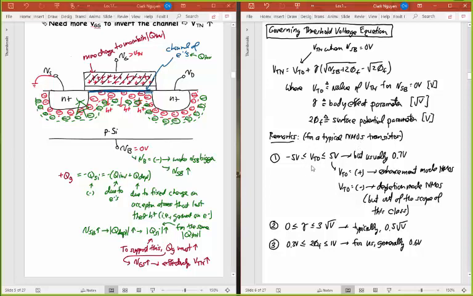Just some remarks to give you values for a typical NMOS transistor. So VT0 is usually between minus 5 volts and 5 volts. It depends on the type of transistor you use. If it's an on-chip transistor, it's usually around 0.7 volts. And if it's what's called an enhancement mode NMOS transistor, it's going to be plus 0.7 volts. There's such a thing as a depletion mode NMOS transistor where we can actually control this VT0 to make it negative.